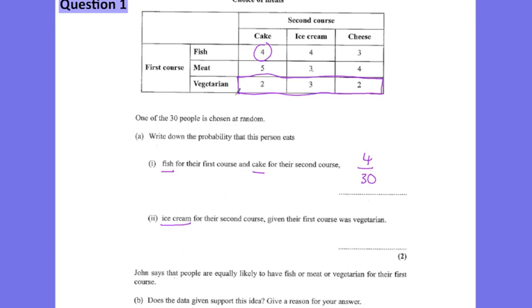So now we are only looking at 7 people. So it's out of 7 because given their first course was vegetarian. How many had ice cream? 3. So really important here, we can see that we're looking just at this row, therefore we have 7 as our denominator.